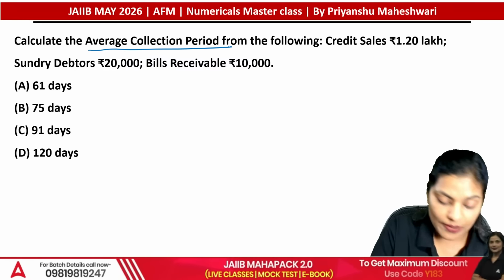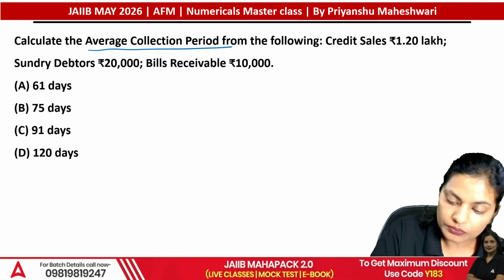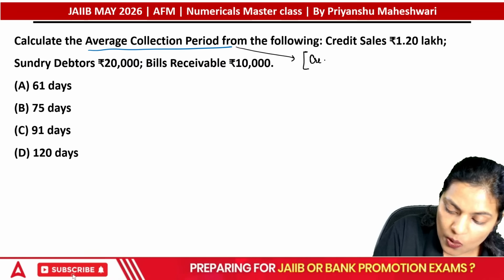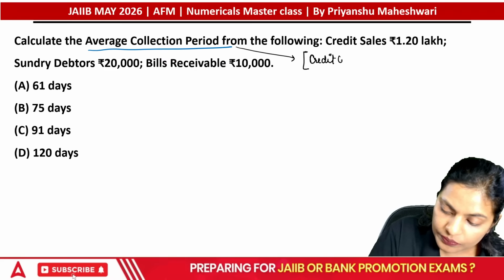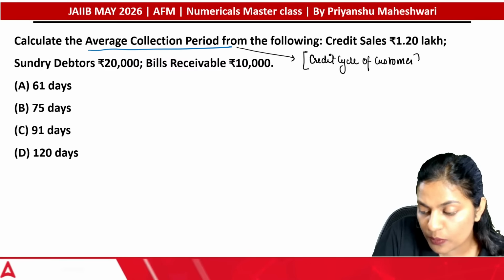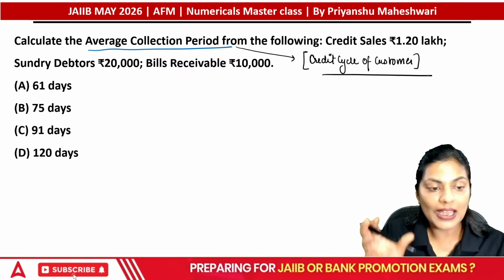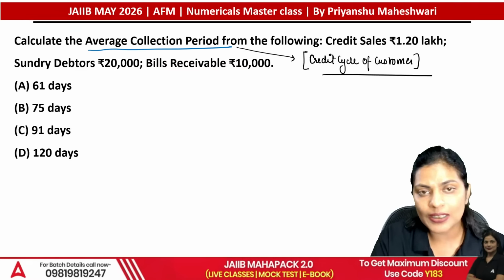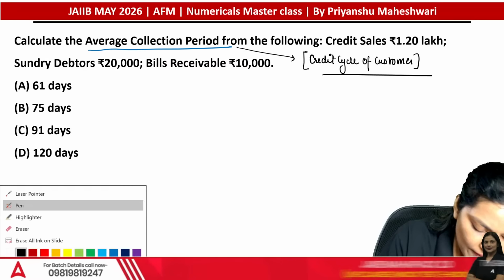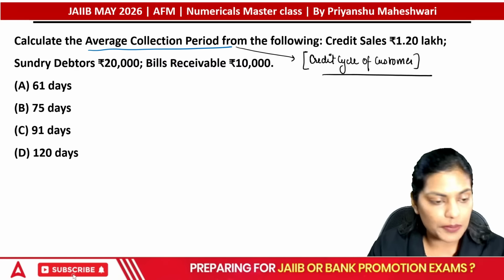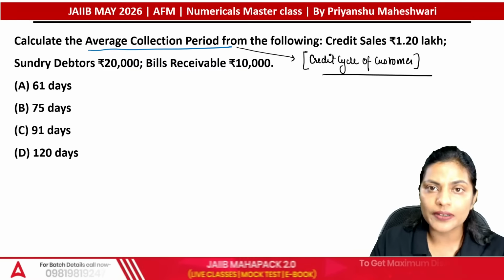Average collection period is related to which one? It is basically the credit cycle that we offer to our customers. If I am selling goods on credit, my customer would repay my amount, right? The average cycle of repayment is that number of days, or whatever the answer we will get is that number of days. So, average collection period talks about the recovery of amount from my customer, whom I am selling the goods on credit.